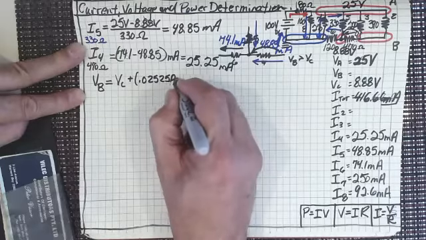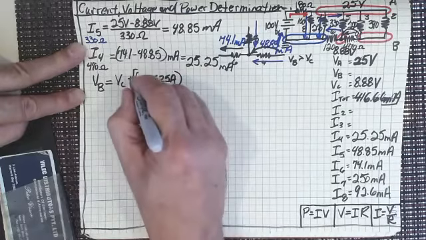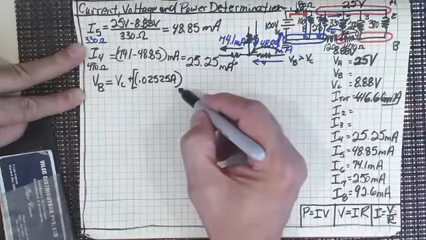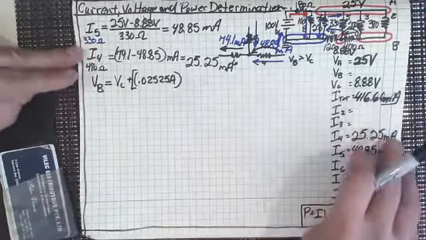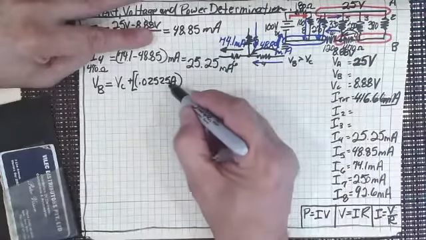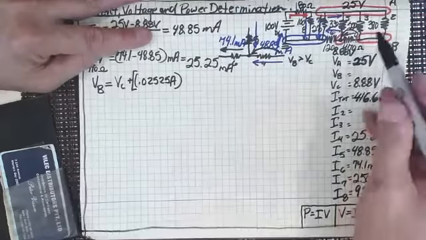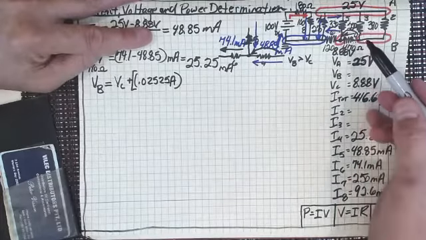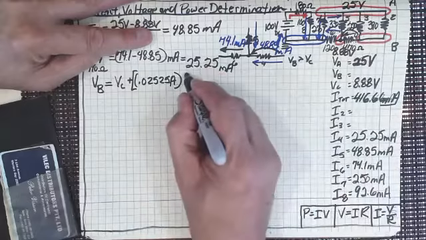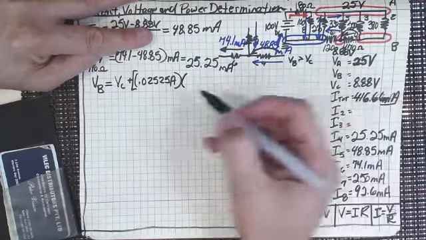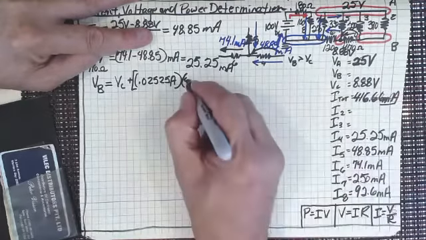0.02525 amps. And why am I doing that? I think everybody knows, because I'm going to be using this in a product. So I want to actually switch it back into the combination of primary units, or a primary unit, which is amps, and we know amps is a primary unit. So I have no problems there. And then I want to multiply this by my resistance of 470 ohms.